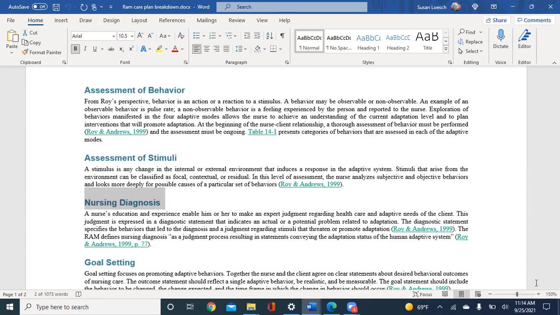So what happens is when we don't make that adaptation in all these areas, it causes additional problems. So our job as the nurse is to identify this abnormal or external stimulus that's causing the patient to change and find a way to help them adapt to that new situation in their life.